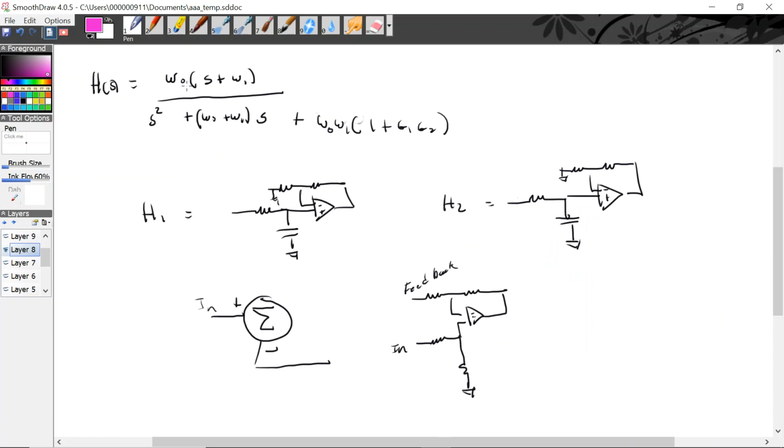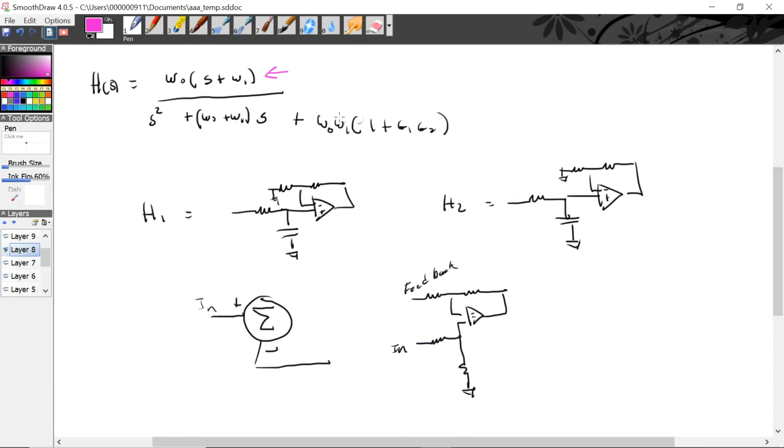In the end, we get our numerator and a second order system. With careful selection of gains and omega naught and omega 1, you should be able to make it over, under, or critically damped. Maybe not easily, but you should be able to do it.